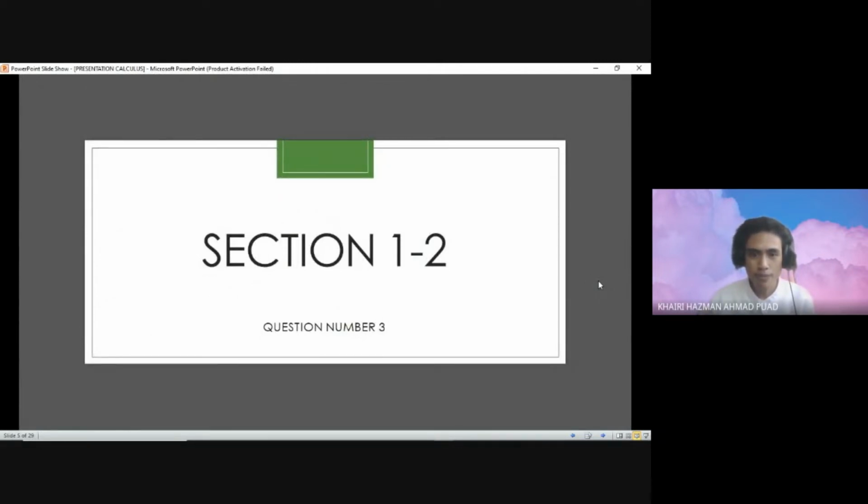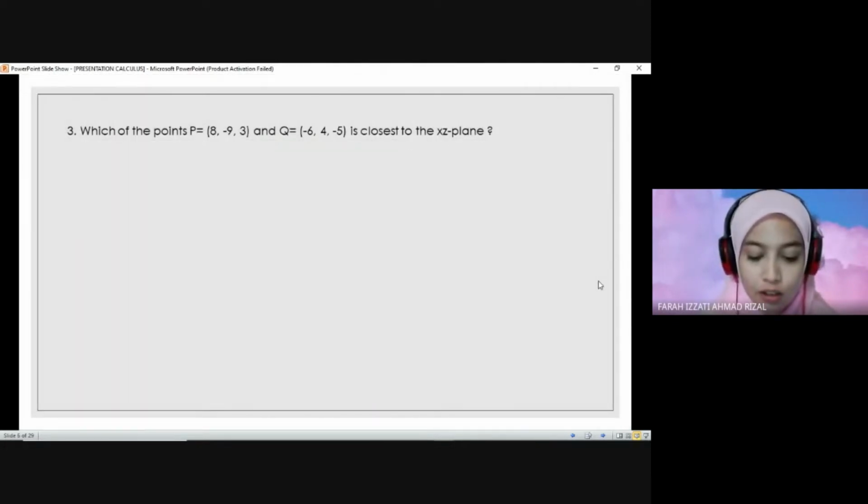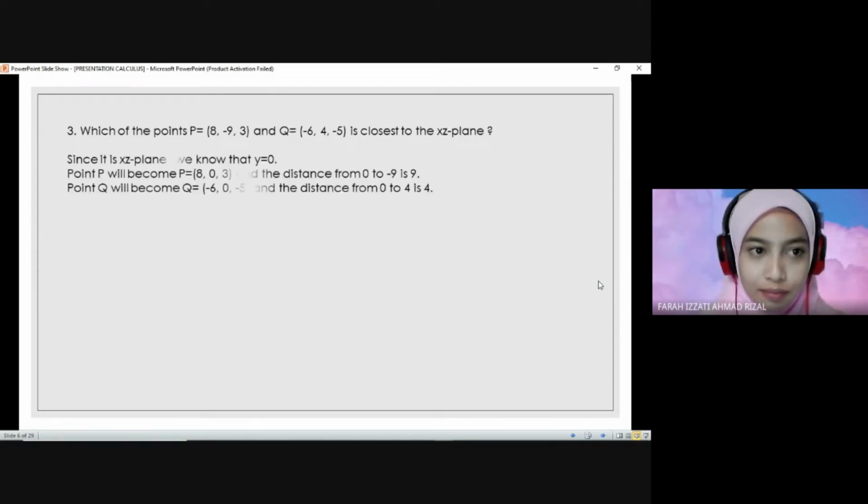Okay, for section 1.2, the question: which of the points P equal to (8, -9, 3) and point Q equal to (-6, 4, -5) is closest to the xz plane.